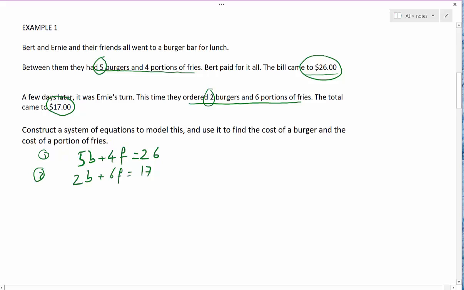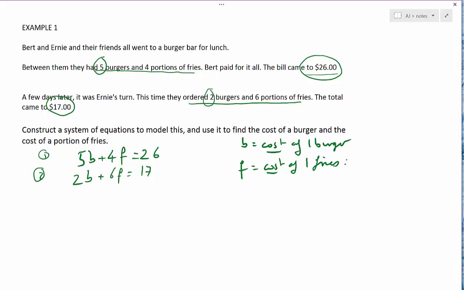So in fact, B represents the cost of one burger, and similarly F represents the cost of one portion of fries. So 5 burgers each costing B dollars plus 4 fries each costing F dollars comes to $26. So B is the cost of a burger and F is the cost of a portion of fries.